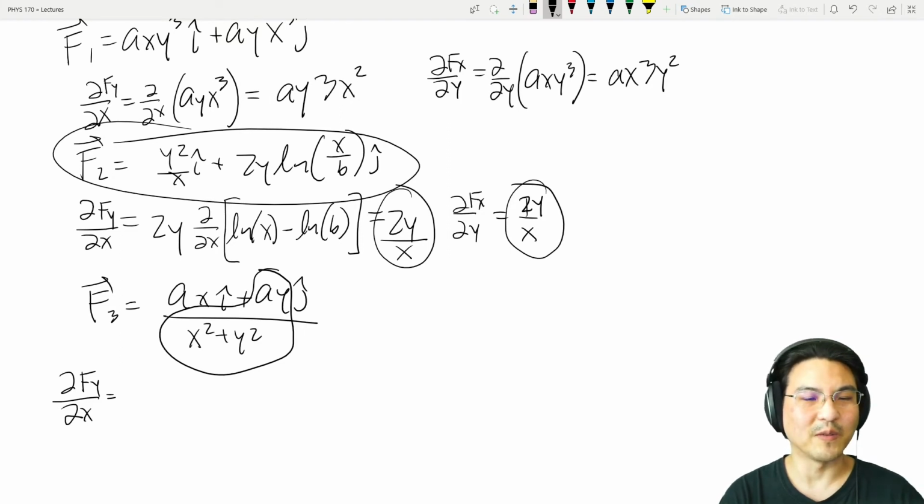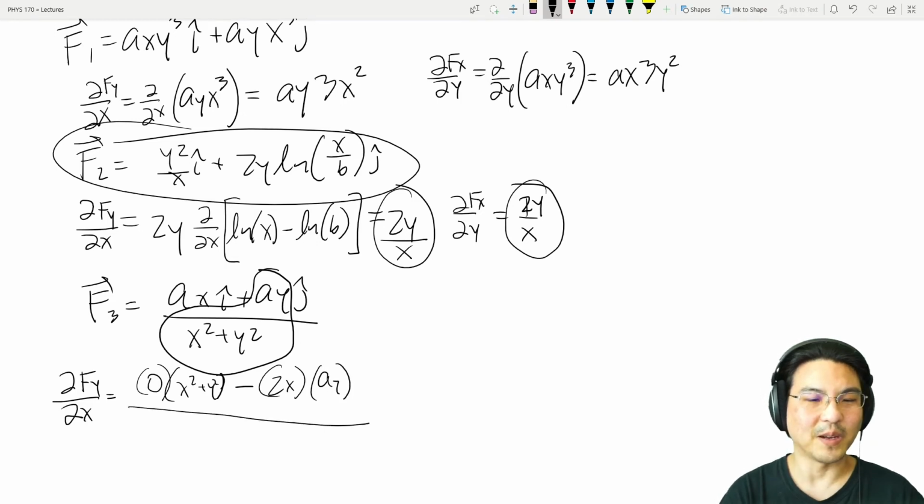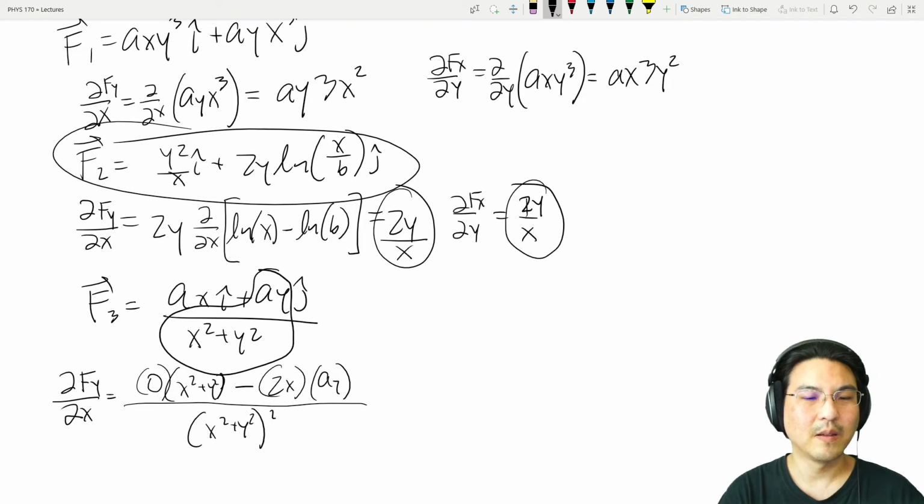The derivative of the numerator with respect to x is 0 times the denominator, minus the derivative of the denominator with respect to x, 2x, times the numerator, ay, divided by the denominator squared. I'll just leave it like that.